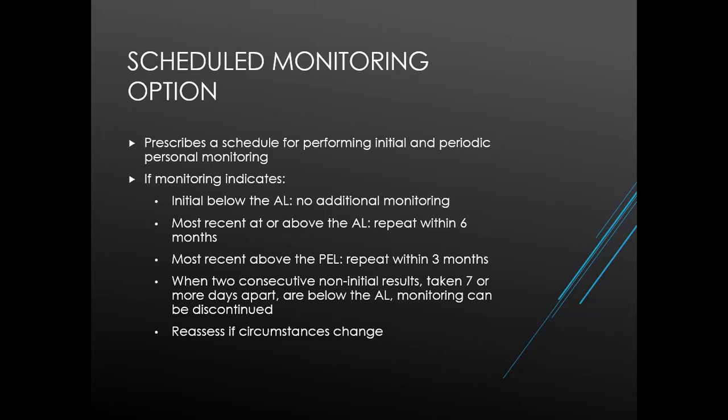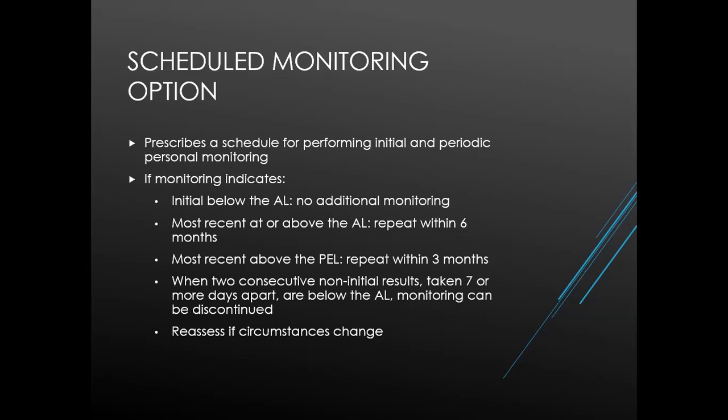Where the most recent exposure monitoring indicates that employee exposures are above the PEL, the employer shall repeat such monitoring within 3 months. Where the most recent non-initial exposure monitoring indicates that employee exposures are below the action level, the employer shall repeat such monitoring within 6 months until 2 consecutive measurements taken 7 or more days apart are below the action level, at which time the employer may discontinue monitoring for those employees.